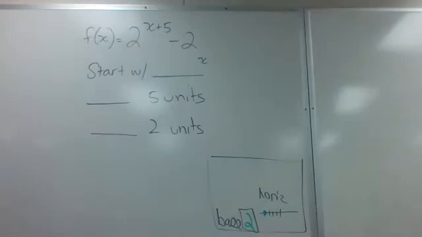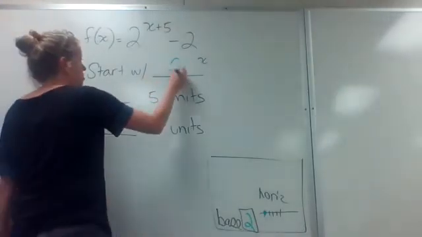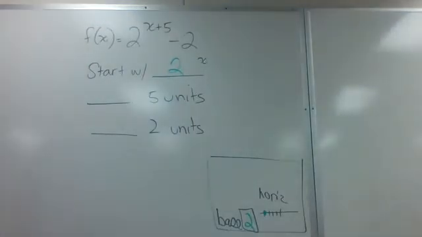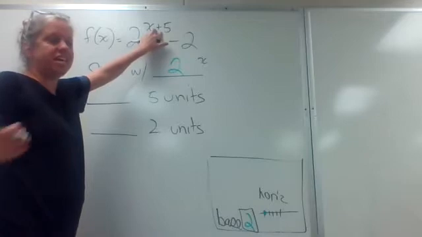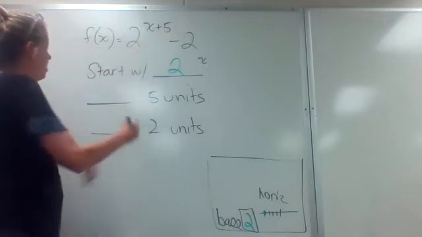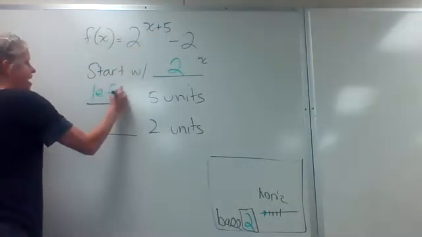So this one says you're going to start off with, good, 2 as your base to the x power. Where are you shifting it 5 units? The 5 is in the inside shift. So you're going, again, left 5.